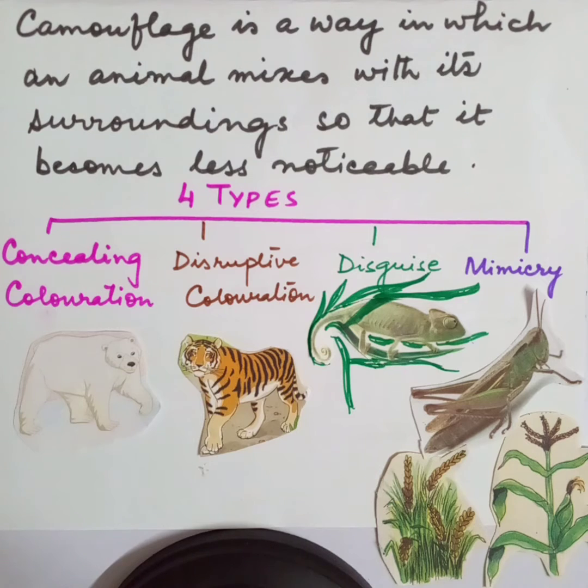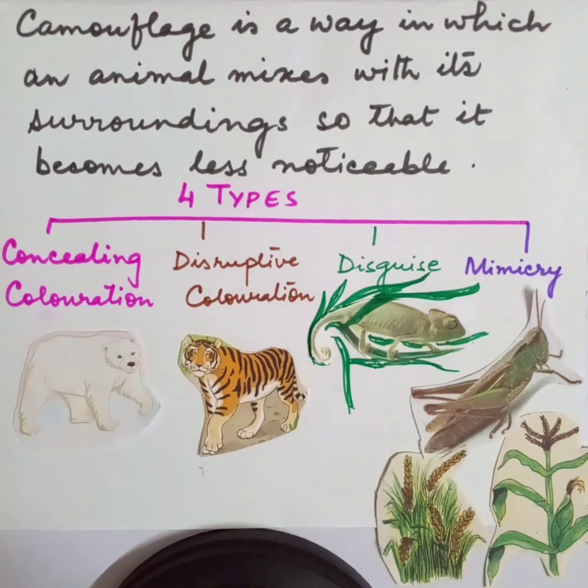The background matching is a type of concealment in which an organism avoids recognition by resembling its background in coloration, form, or movement.